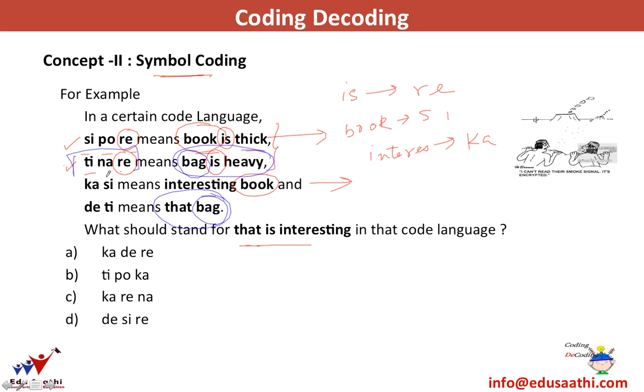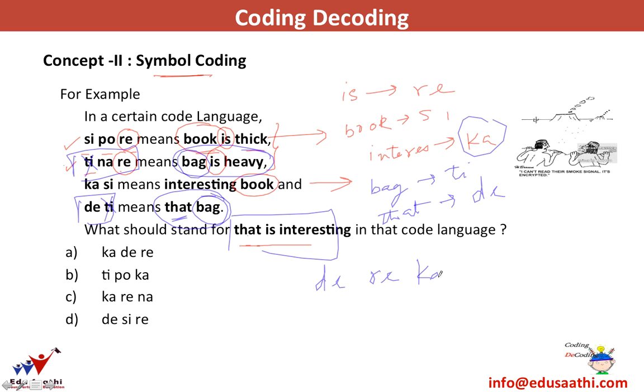So bag has a code of T, and therefore that will have a code of D E. Now what is the code that I require? That is interesting. What is the code for that is? DE is Re, and interesting is Ka.